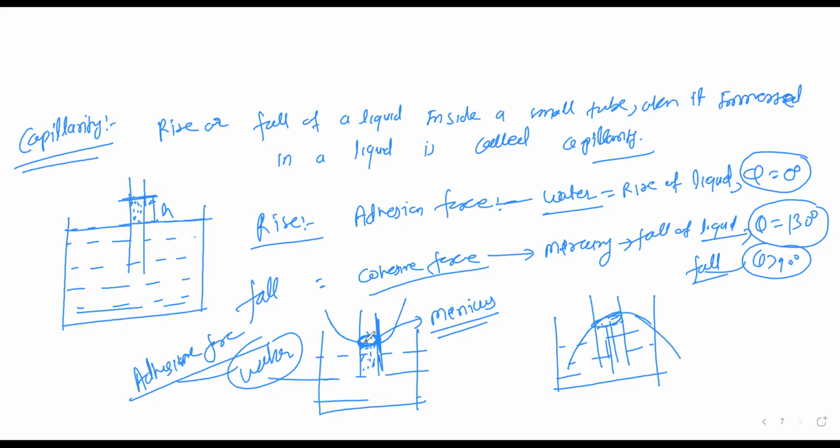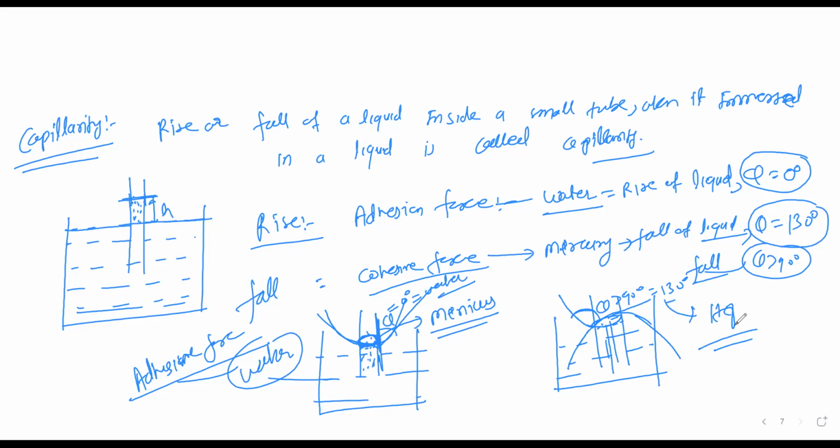The angle of contact here will be more than 90 degree. This is the theta, and theta is equal to 130 degree. For the water case, theta is nearly 0 degree, and for the mercury case, it will be 130.